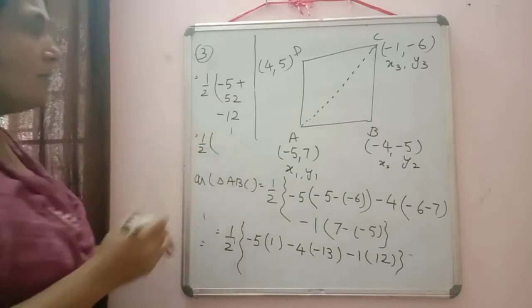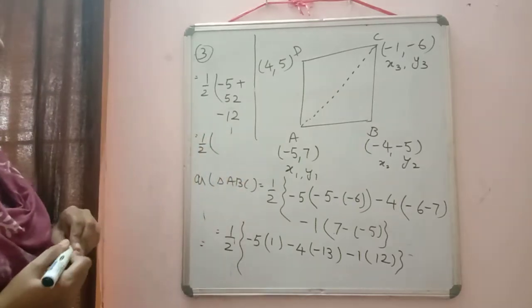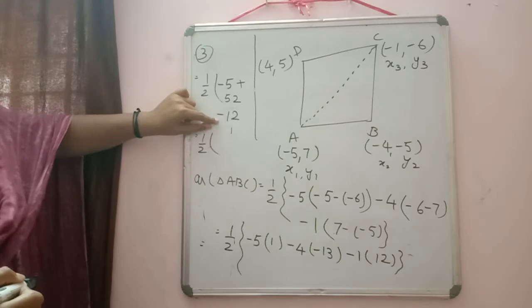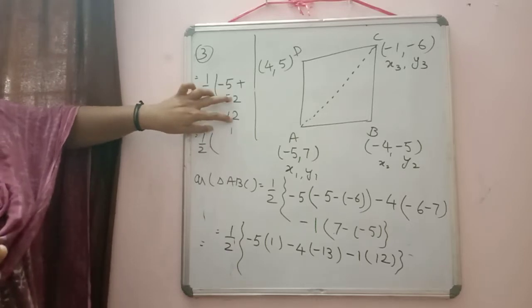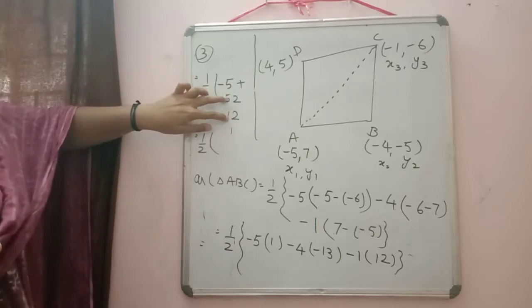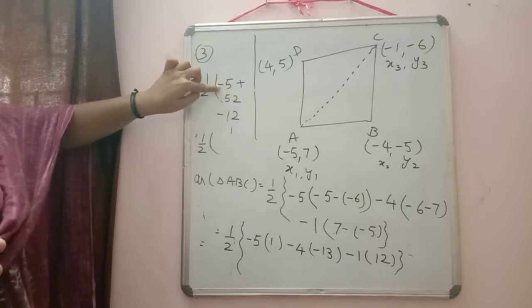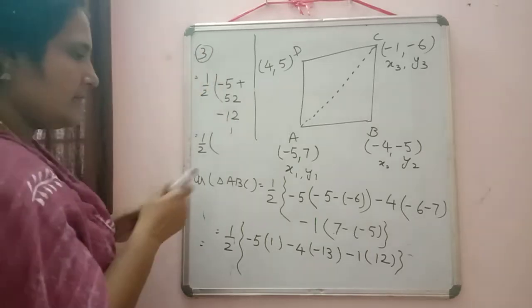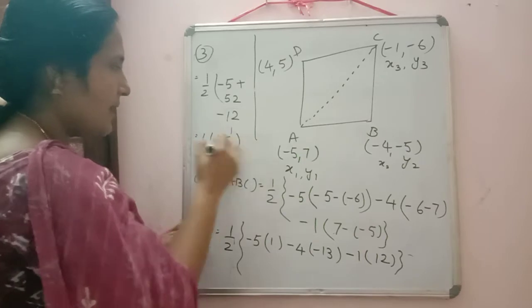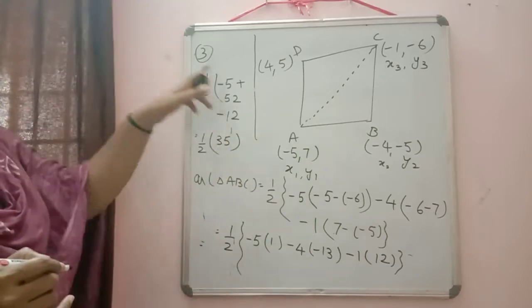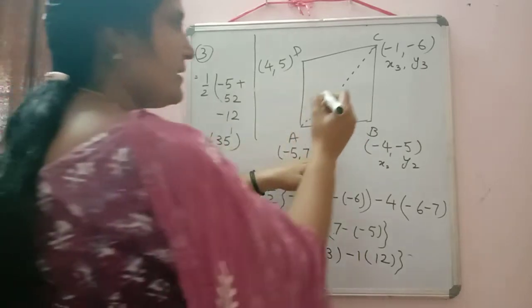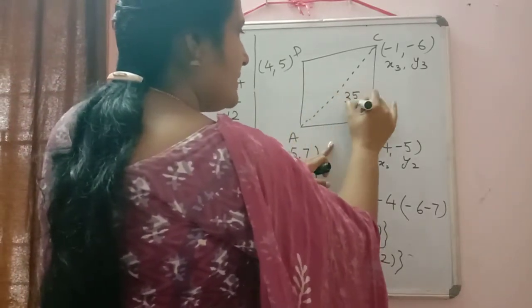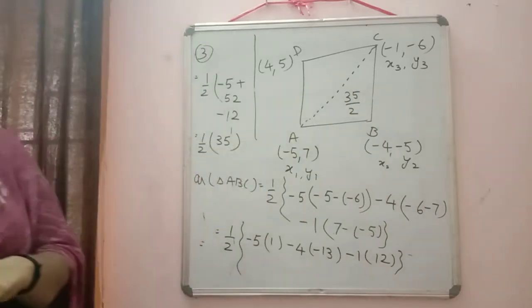So half into, what will come here now, just to check, 52 minus 12 will be equal to 40. And 40 minus 5, 35. So we are getting here 35 by 2. Which one? Area of triangle ABC. So in the diagram I am writing that we are getting area of triangle ABC as 35 by 2 unit square.